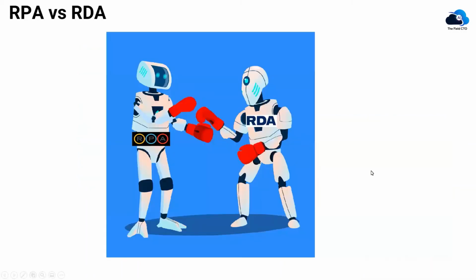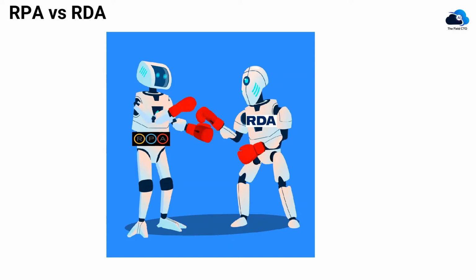And then we need to define what the difference is between RPA and RDA. Let's talk about the two variations of the robotic applications that are very commonly used in the software industry. One is RPA, which is known as robotic process automation, and another, still an infant term but gaining popularity quickly, is RDA, or robotic data automation.